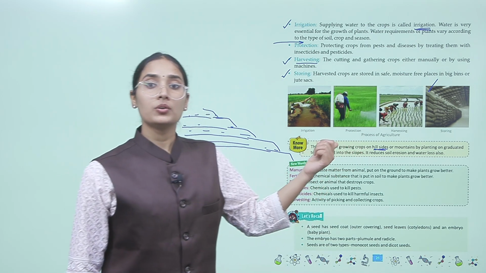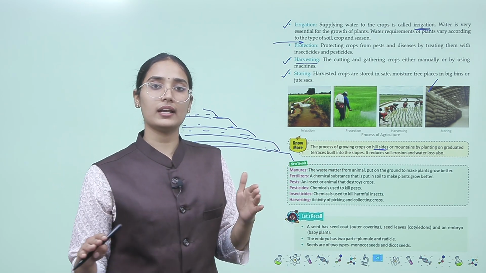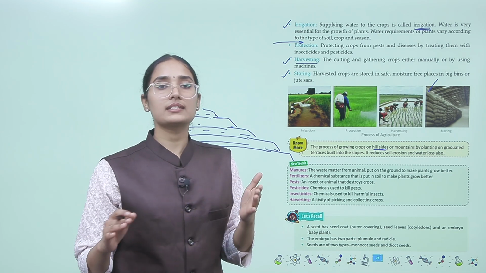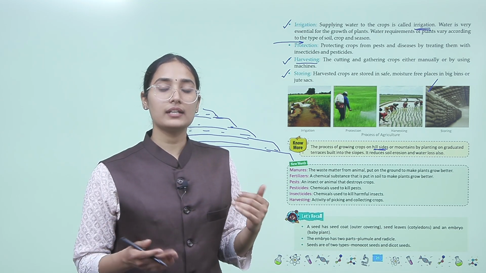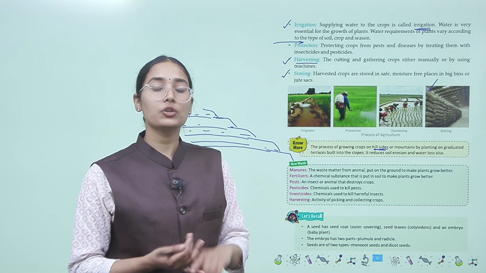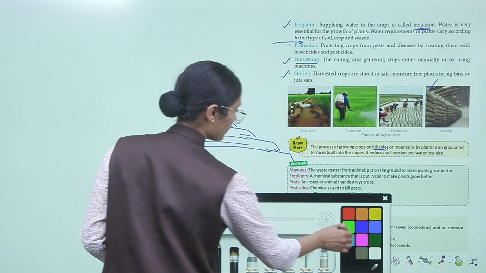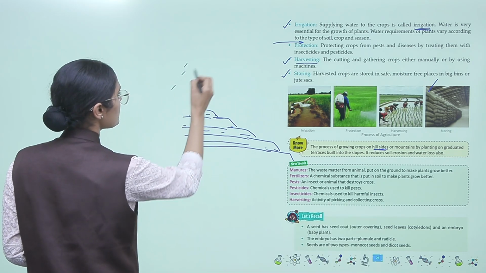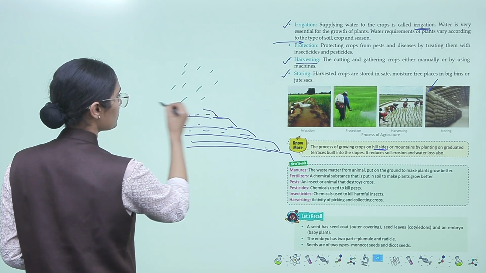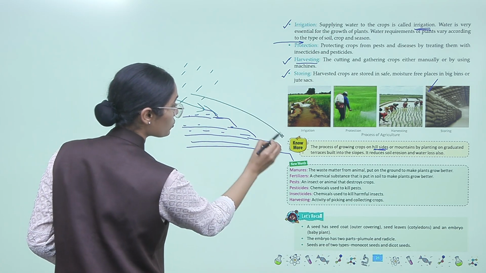Why is it done so? First is because of the terrain. The land and the slope are such in those areas. So, firstly, it is to reduce soil erosion. Whenever water flows, let's say the rain water, it will not flow just like this.